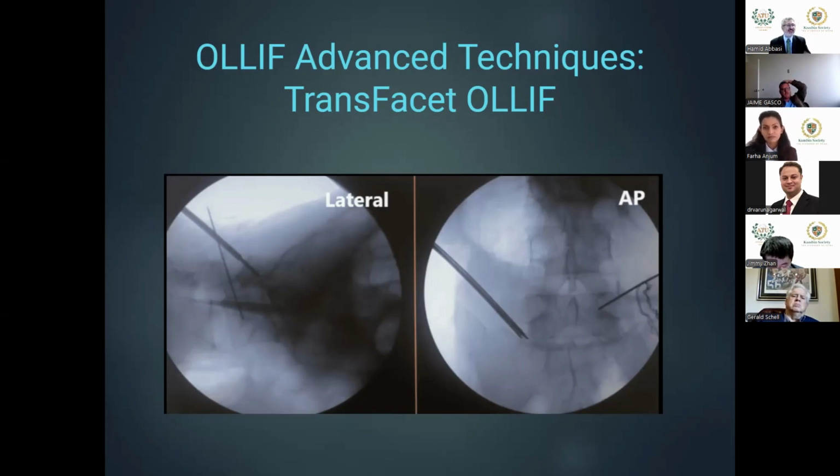Since 2018, when we started doing Trans-Facet OLLIF, and we published our paper in 2019, I did not need to open any of these cases anymore. Practically, in the Trans-Facet OLLIF, you are still doing an OLLIF, but the hypertrophied part of the facet, you drill it down to create your approach to the Kambin triangle.